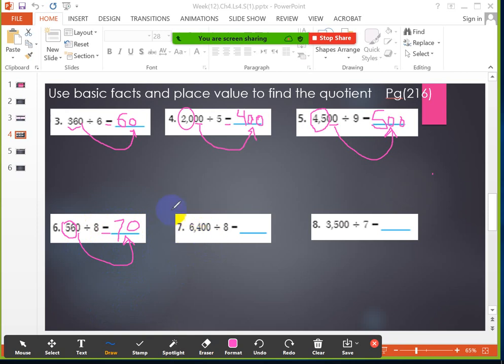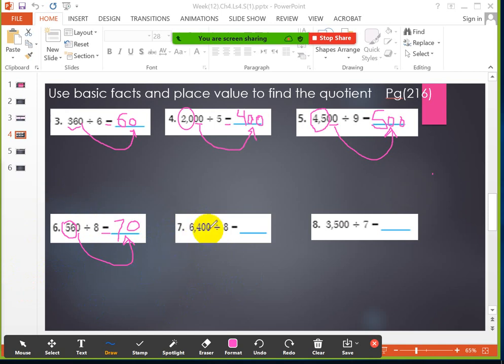Now, number 7. Yes, Rimas. Now I want to divide 6,400 by 8. Which number will I choose, Rimas? 800. Thank you, Rimas. You gave me the final answer.